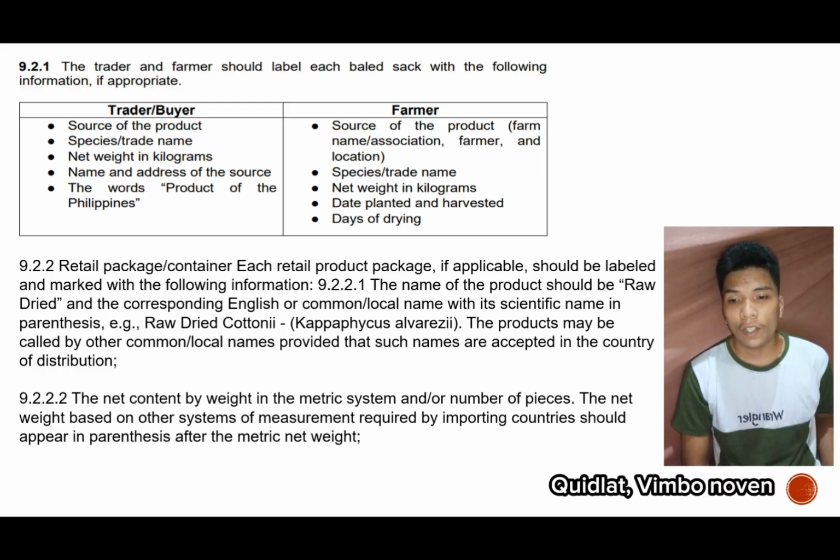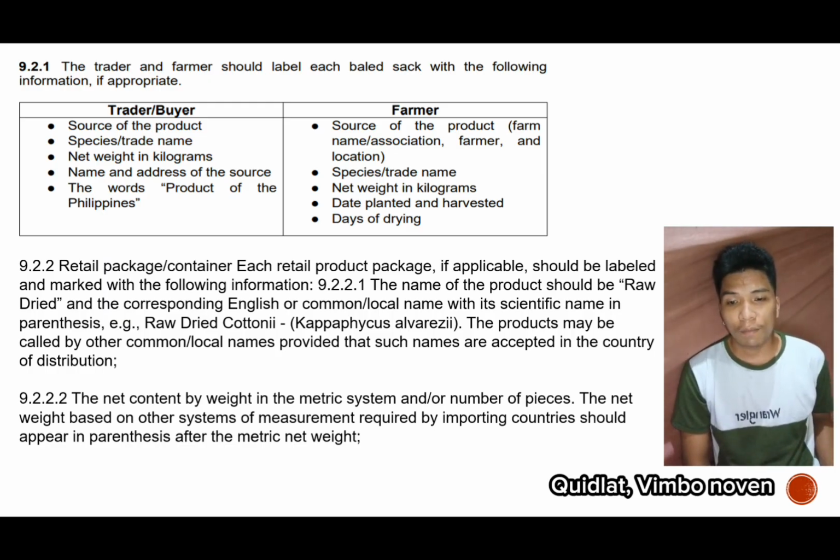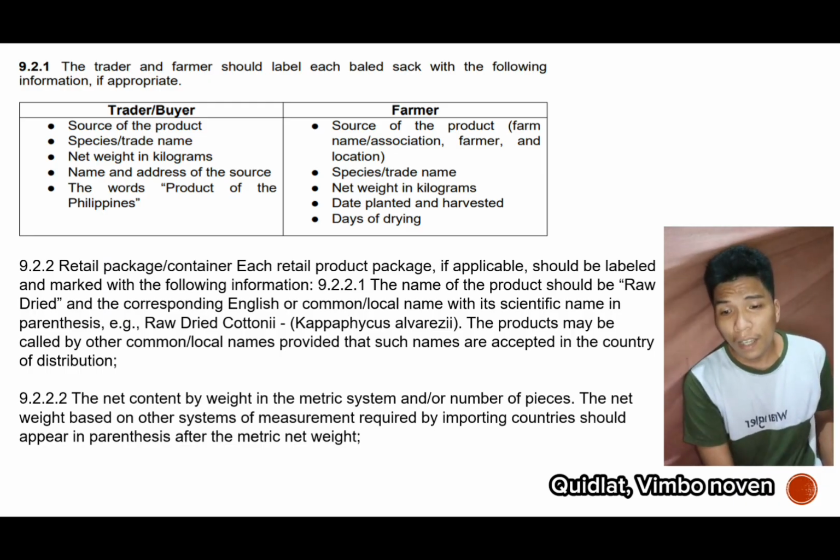The product may be called by other common local names provided such names are accepted in the country of distribution. The net content by weight in the metric system and/or number of pieces. The net weight based on the system of measurement required by importing countries should appear in parentheses after the metric net weight.